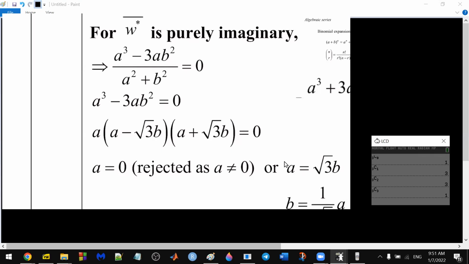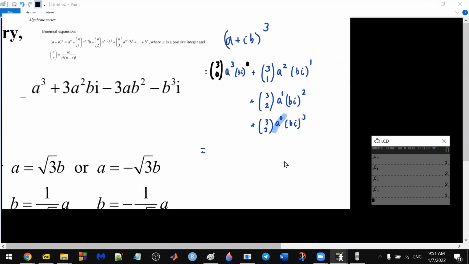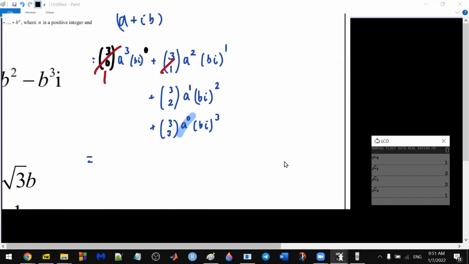So let's continue. That's how you calculate it. You basically get 1, 3, 3, 1. So I'm just going to quickly replace this: 1, 3, 3, and then 1. Simplifying, we get what? 1 times a cube, 3 times a square but multiplied by bi. Then 3 times a, then bi square. Maybe you can work it out at the side.